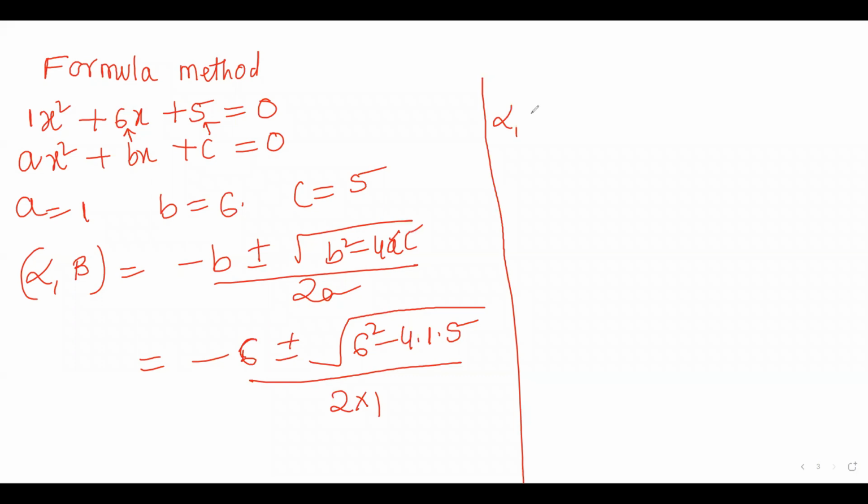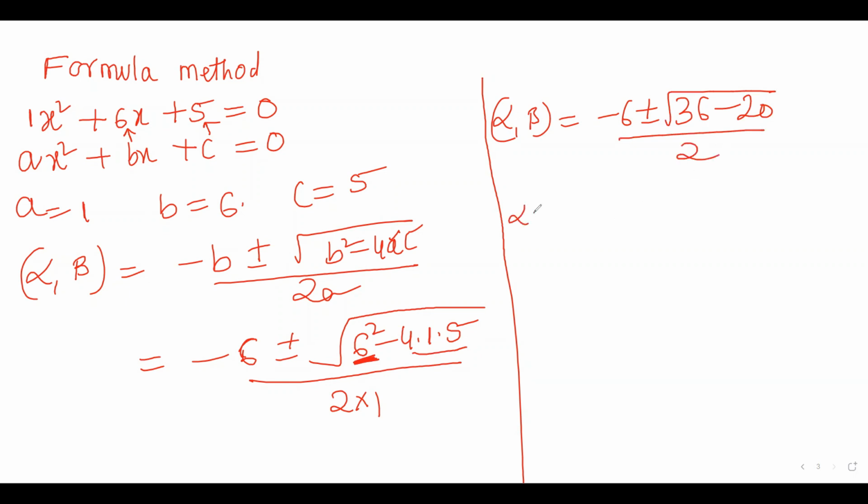So alpha comma beta is equal to minus 6 plus or minus, what is 6 square? 6 6s are 36. 4 5s are 20, by 2 1s are 2. Minus 6 plus or minus 36 minus 20 is 16. What is square root of 16? 4. Square root of 16 is 4.